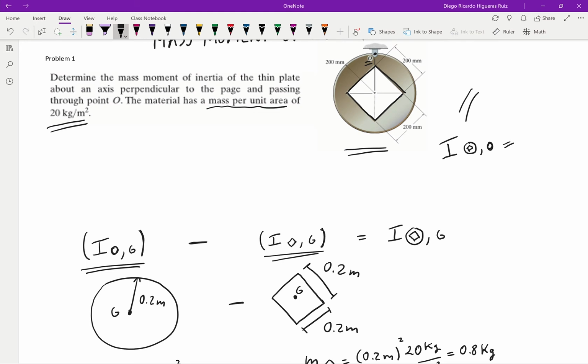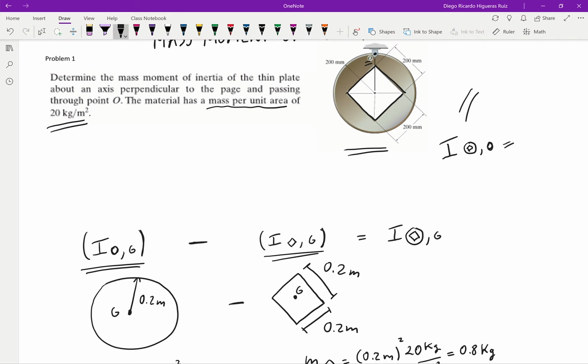And to move from G to O, we need to use the parallel axis theorem.